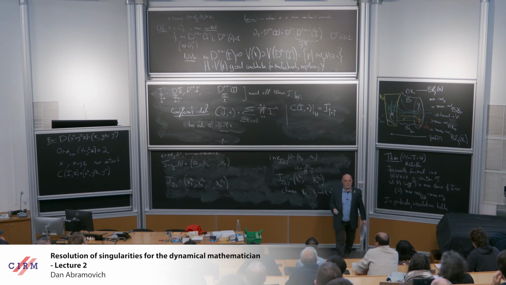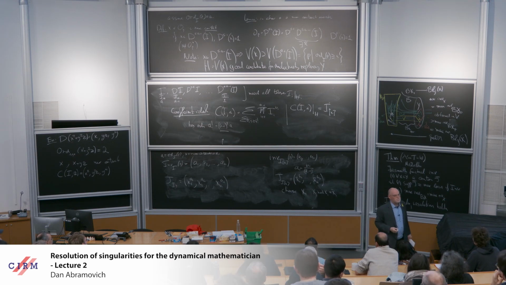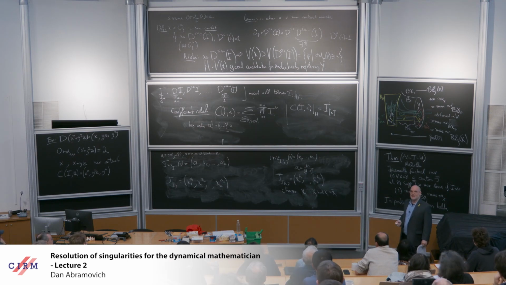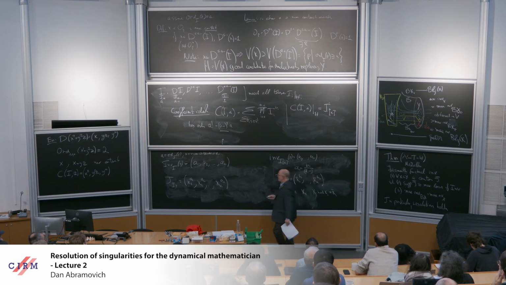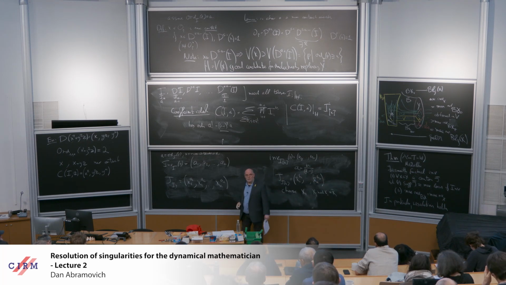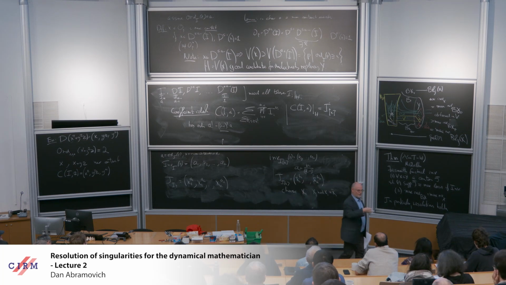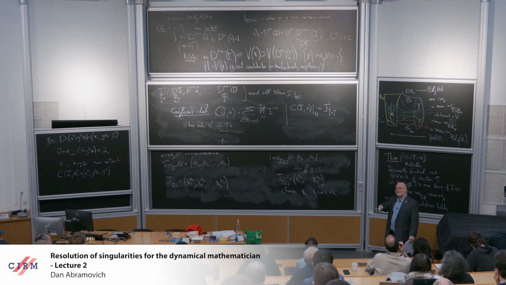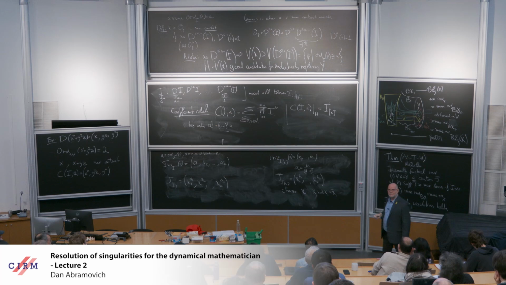This is ordered lexicographically. And so it stops at some k because at some point the ideal might vanish identically. And then you can think of it as if the other variables come with weight infinity. So that's how you order.